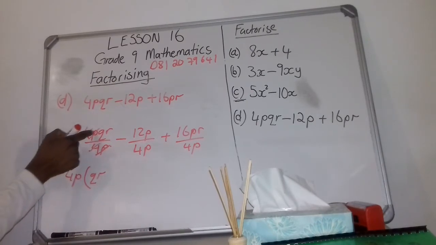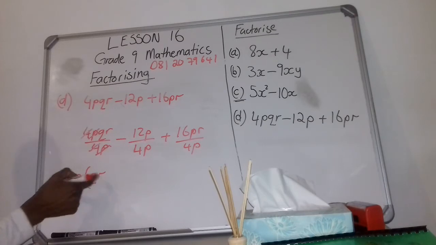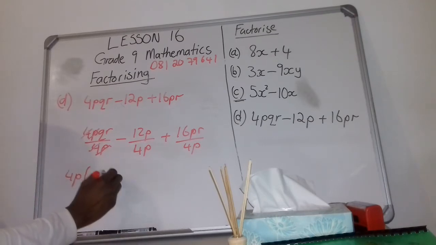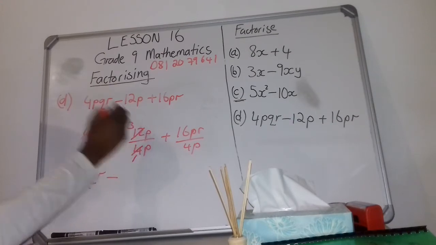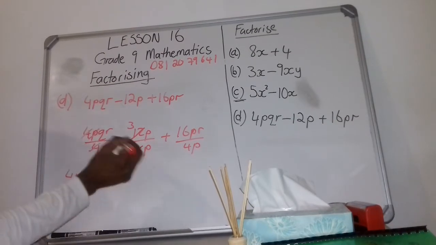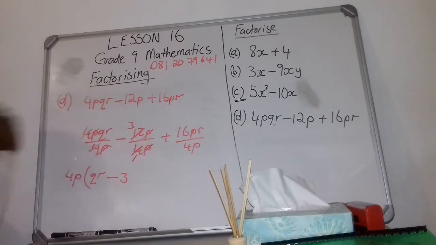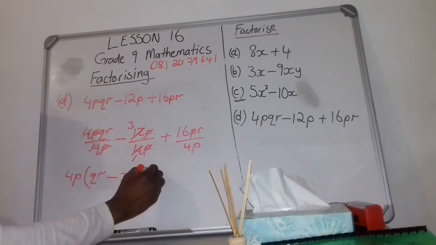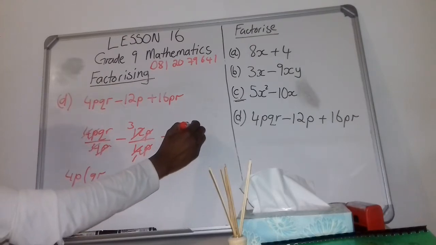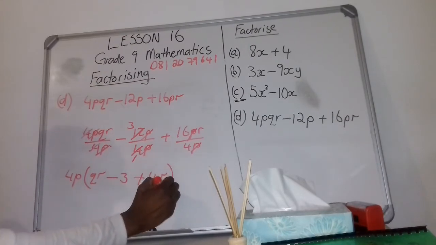Minus, 4 goes into 12 three times, so it's going to be 3, and there's no P because the P was cancelled here. Plus 4 goes into 16 4 times, the P will cancel each other, you end up with an R.